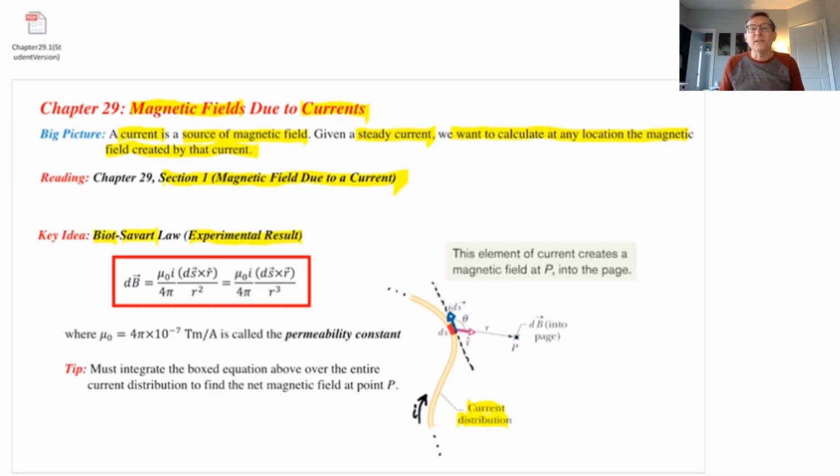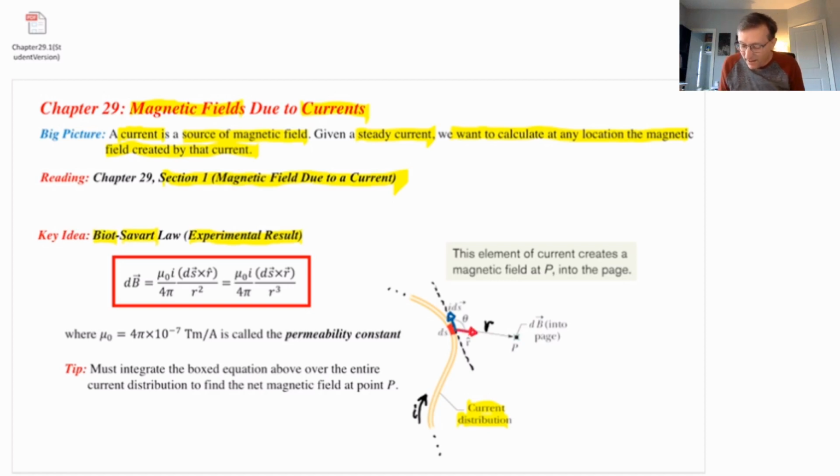All right, now here's another important thing. Just the straight line distance from the little piece of wire ds to the point P. That distance is labeled little r. And that's all it is, the straight line distance from the little element ds to the point P. Now here comes another vector, and it's drawn in red with its tail at the little element.